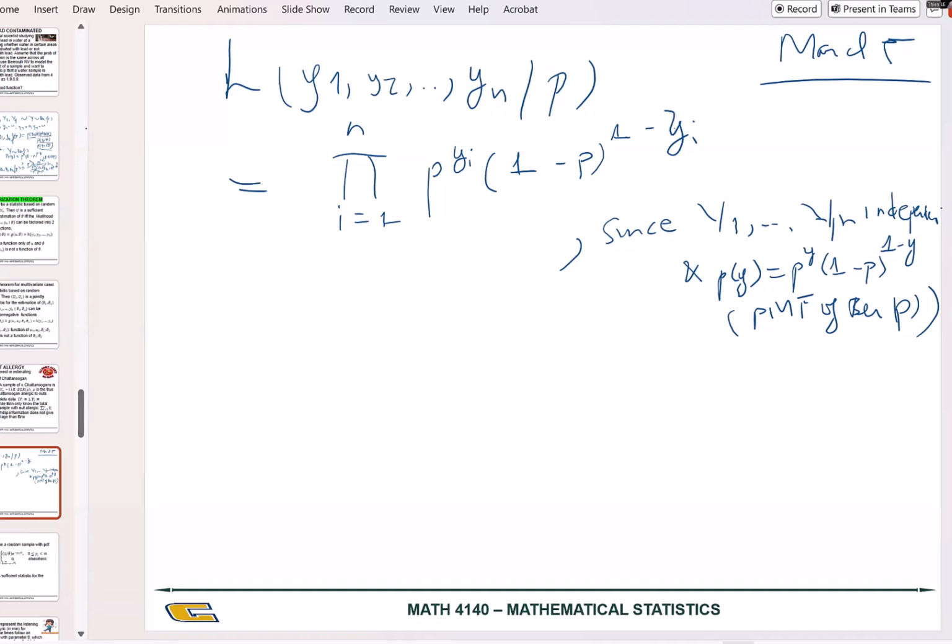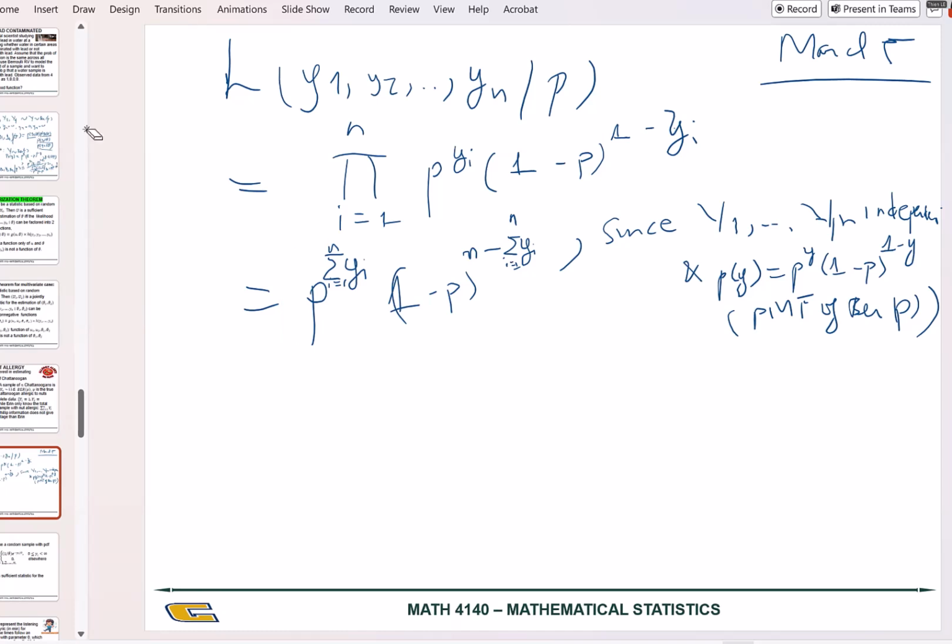With that, we can collect all the terms. The product becomes p to the summation of yi, and then 1 minus p to the n minus the summation of yi.